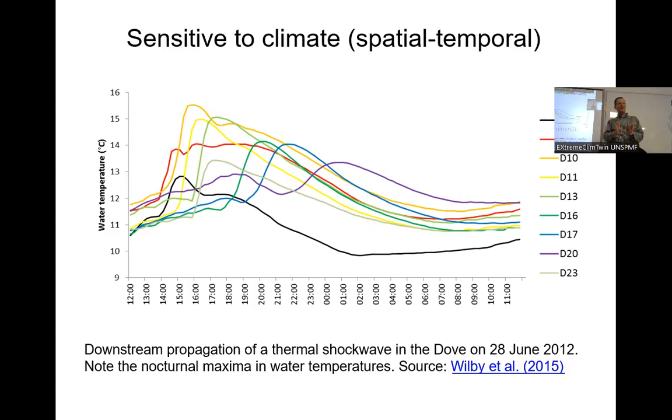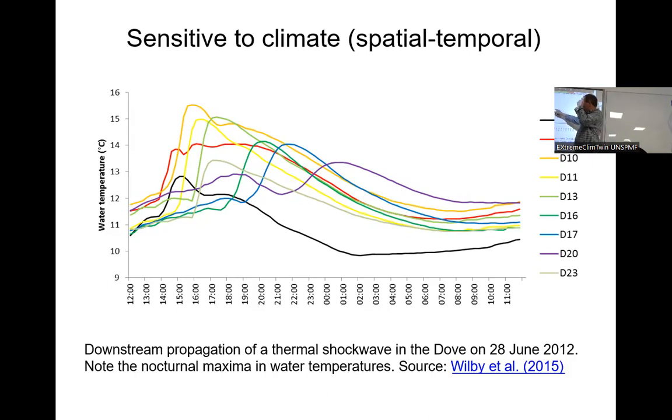So the interpretation becomes more complicated, because you could have a shock wave coming from one tributary joining a shock wave from the main stem, and they may not be synchronized in time.